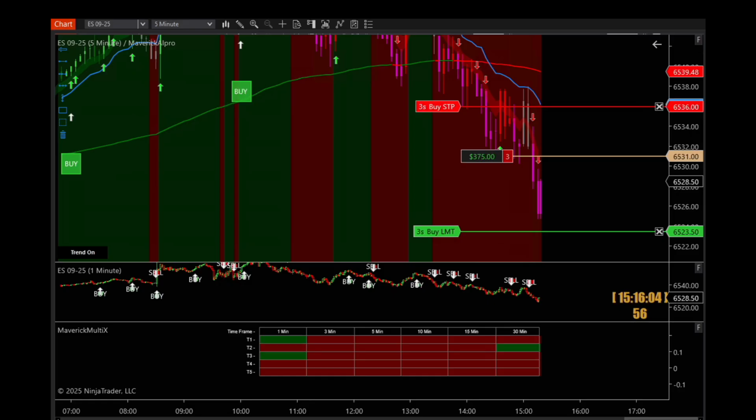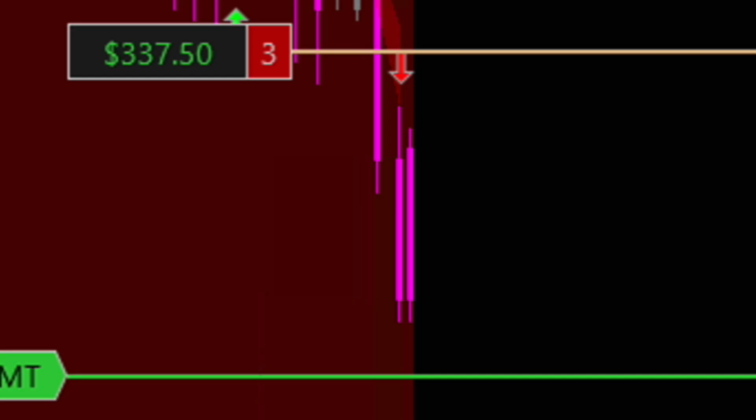But if I was going to get a true reversal, then my Maverick Multi-X, the whole 1 minute and 3 minute would turn solid green, because those charts would be turning first. So right now, how many traders, because this would be a green candle right here. This would be a green candle. How many traders are getting shaken out right now?